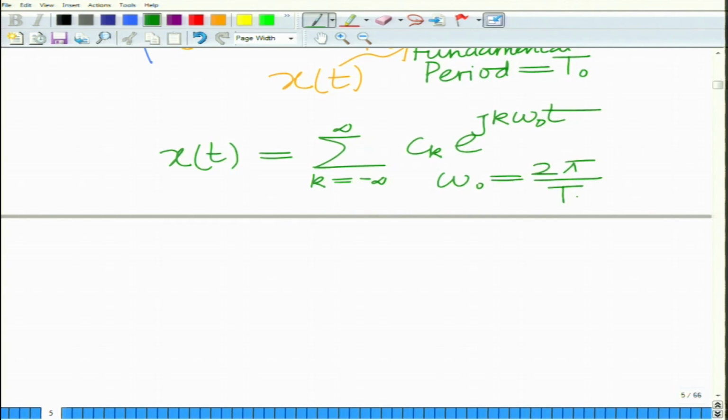Remember omega naught equals 2 pi by T naught. So, x(t) can be expressed as a sum of complex exponentials at the fundamental frequency omega naught and at k times omega naught.